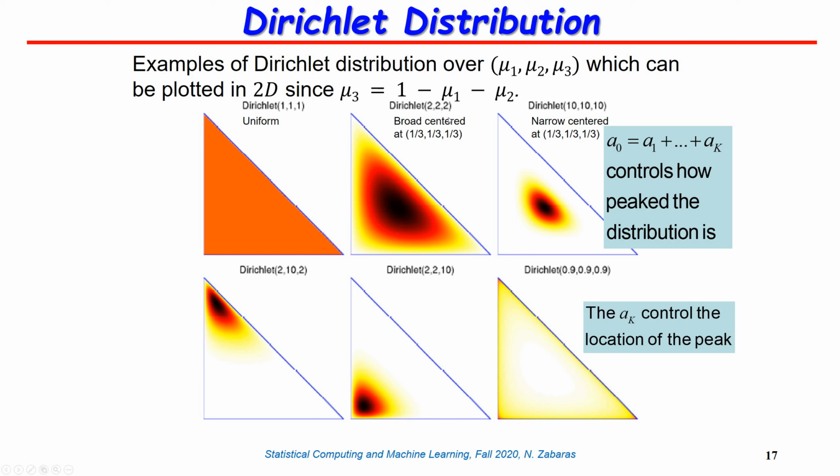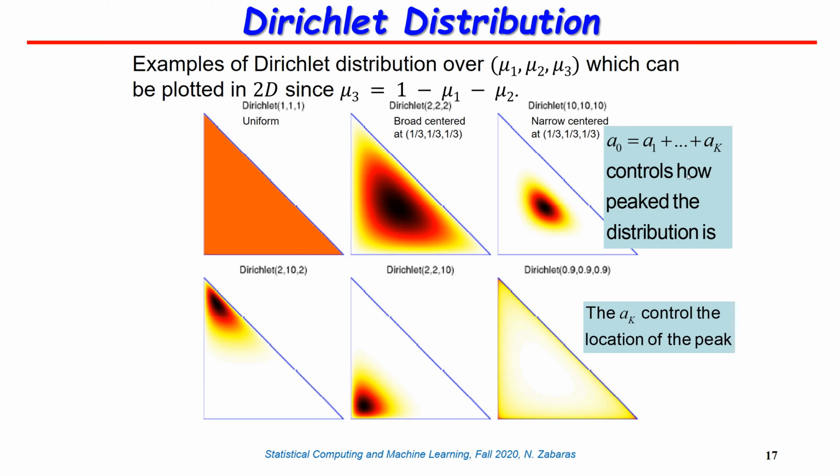If the parameters are all 2, you get a broad but centered distribution. That's where the probability mass is, and in this case the center is at the location 1/3, 1/3, 1/3. As we keep the parameters equal but the numbers increase, the distribution becomes more narrow, centered at this location.